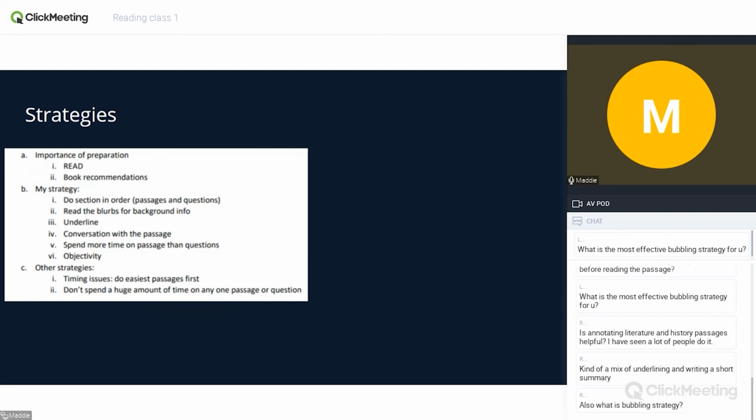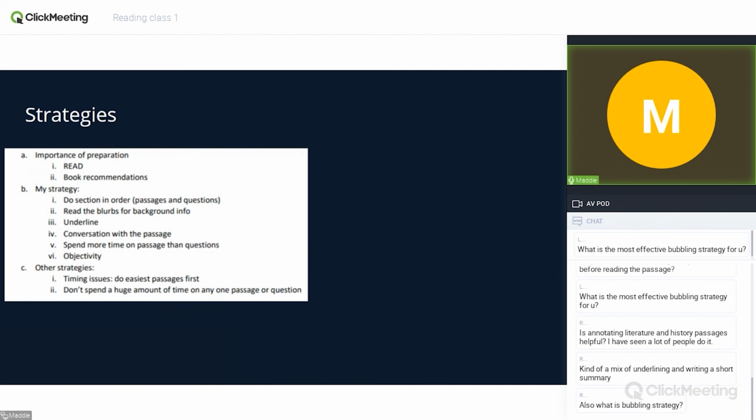Bubbling strategy, it's just like some people would say that they were just going to bubble on the bubble sheet, they're just going to put in answers after they do every passage. So they'll put in all 11 of their answers at once instead of doing it after every single one.